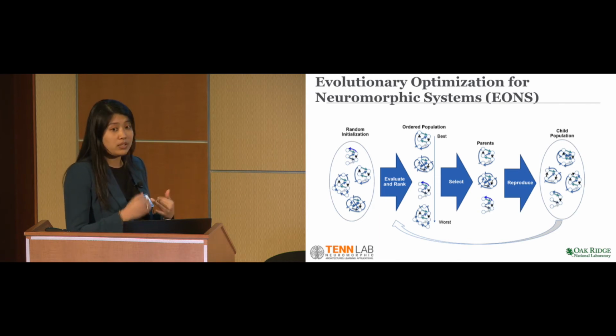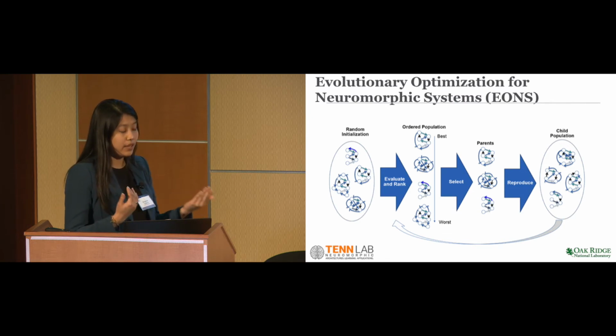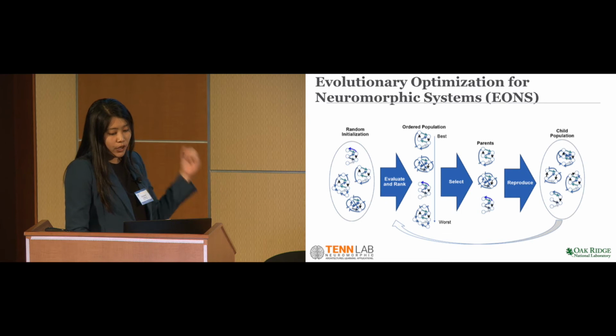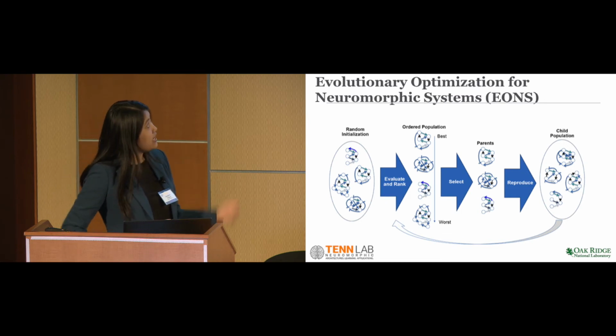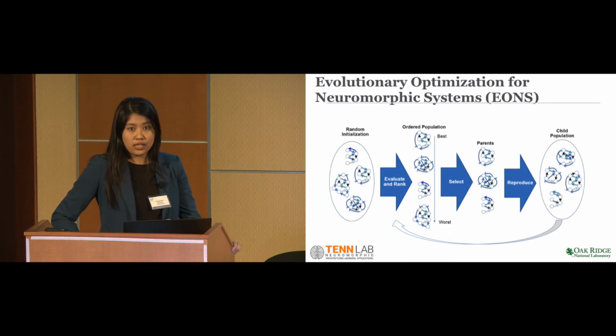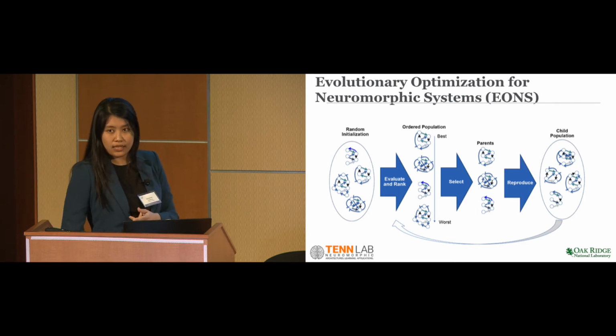Once we reach a certain network accuracy, we stop and say we have got the perfect network to run for this specific application. The network we get is usually very small and sparse, so that we can get lower energy and area. To finish this slide, EONS has been applied to the 3 neuromorphic architectures that I've been talking about: NIDA, the digital implementation, and the mixed signal implementation.